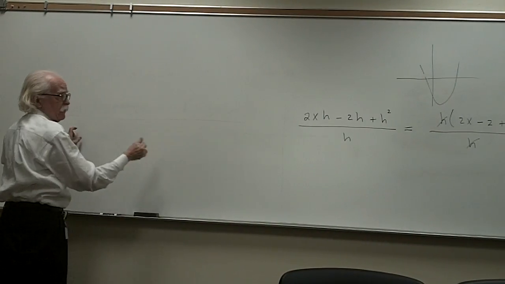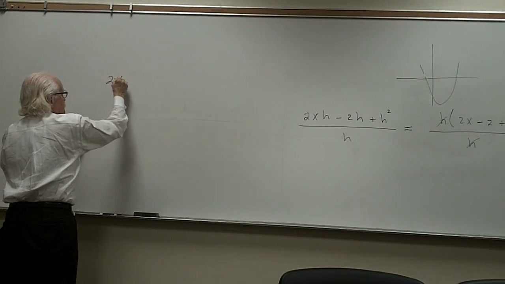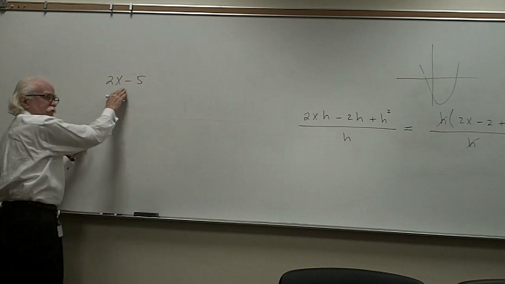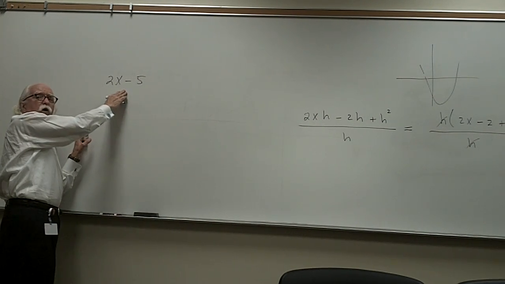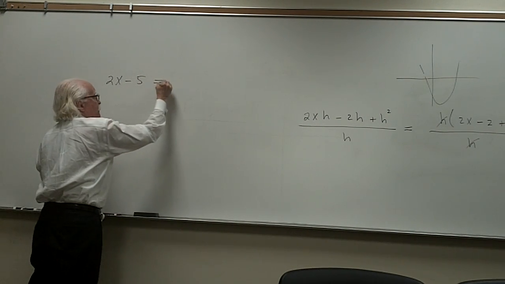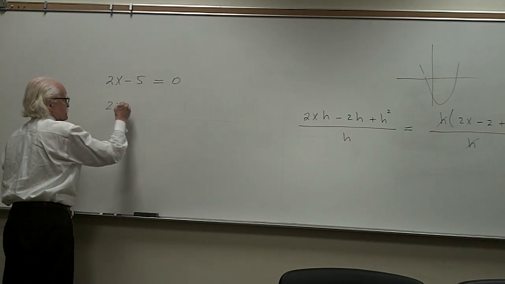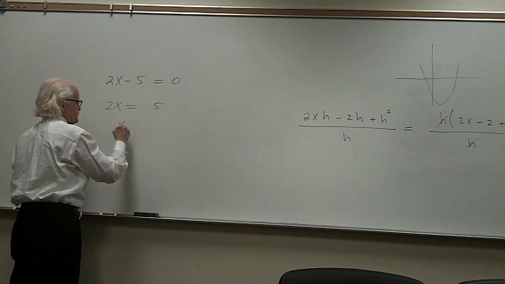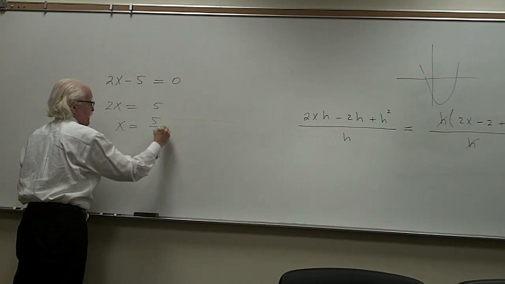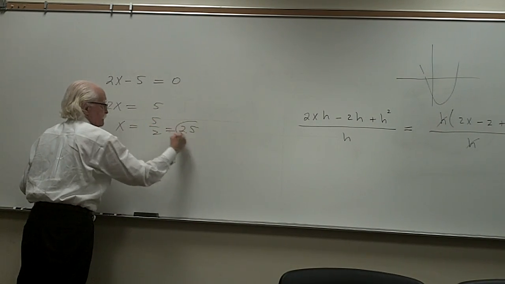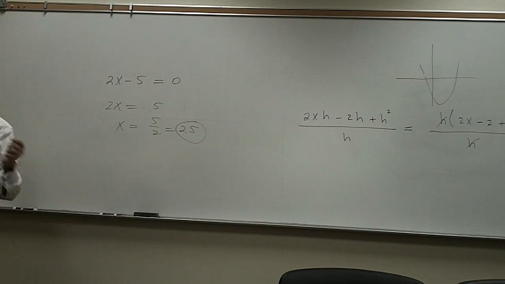So if you know the slope of the line that we've just drawn, if you know that the slope is 2x minus 5, then all you have to do is find out where the slope is equal to 0. It is quite easy to tell that 2x is equal to 5. X is equal to 5 halves, which is 2.5. Guess what?